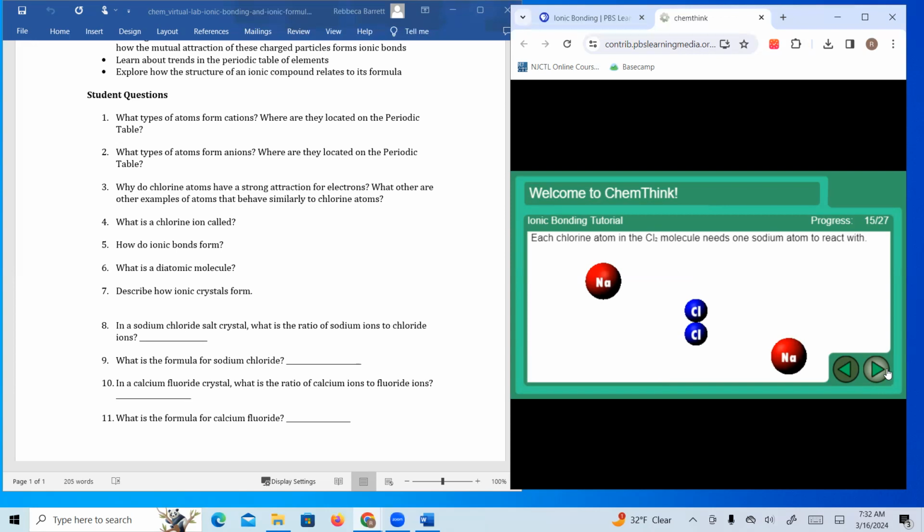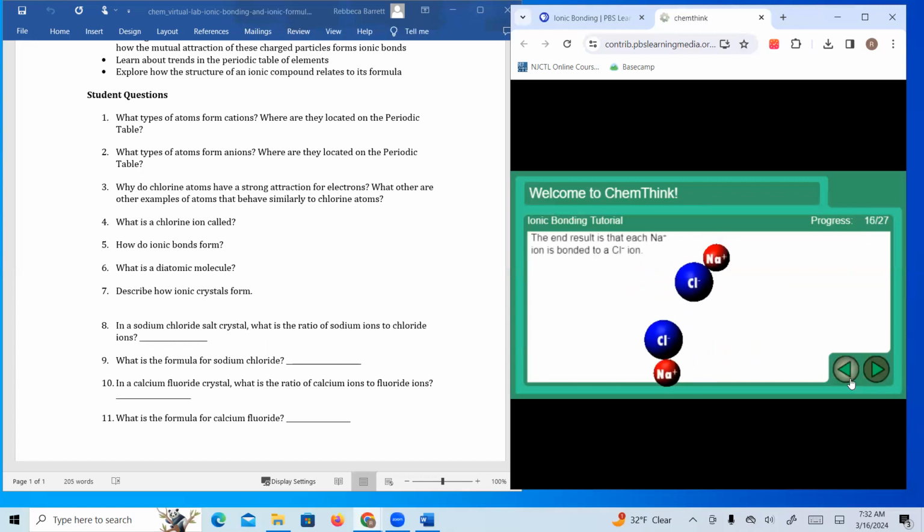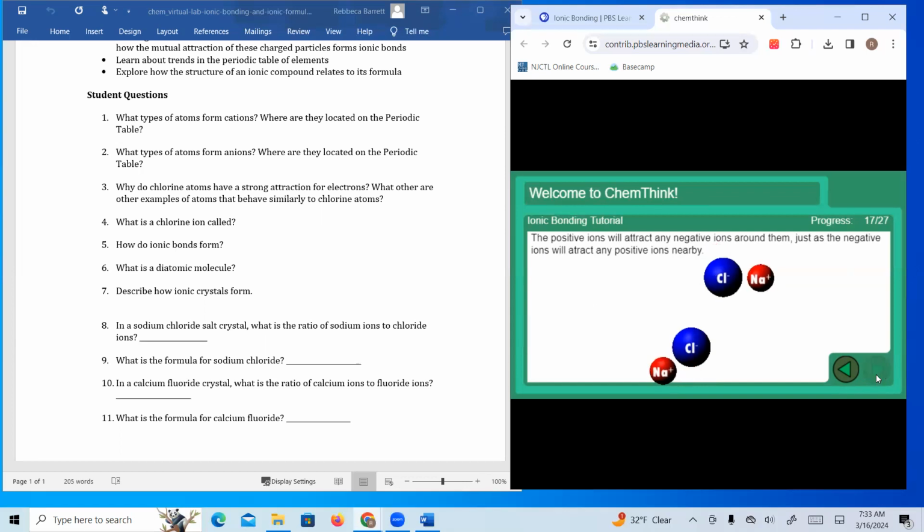Each chlorine atom in the chlorine molecule needs one sodium atom to interact with it, and the end result is that each sodium ion is bonded to a chloride ion. Remember that opposite charges attract, so watch what happens next. The positive ions will attract any negative ions around them, just as the negative ions will attract any positive ions nearby.